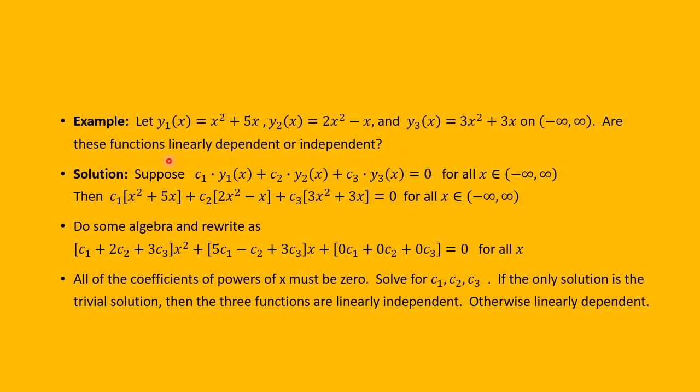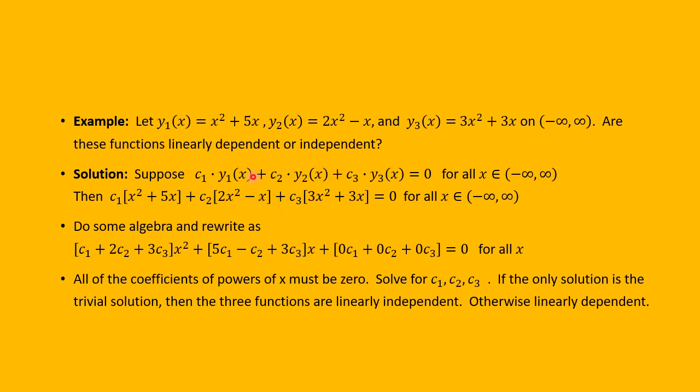So for the solution, let's look at an arbitrary linear combination of these, c1y1 plus c2y2 plus c3y3 equals 0 for all x. Let's suppose that's true. And let's ask if that implies that c1, c2, and c3 all have to be 0 or not.